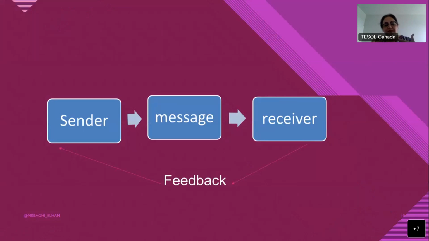If you just send the messages and no feedback, it's like listening to mass media, to radio, or to TV. So how do you know that they learn the language? Or how do they understand the message? That's impossible. We need to get the feedback.